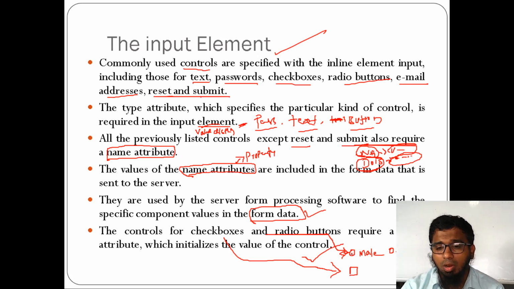Radio buttons are most commonly used for male, female, or if you have branches like CSC, IT. In the checkbox we can use, for example, preferable job, like accountant, or you can check multiple. But in the radio button only one can be selected.